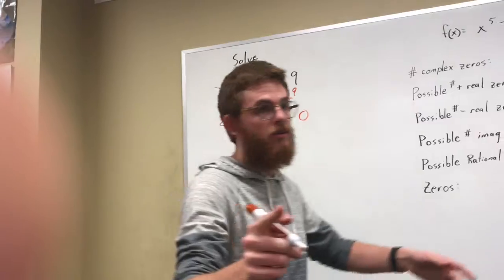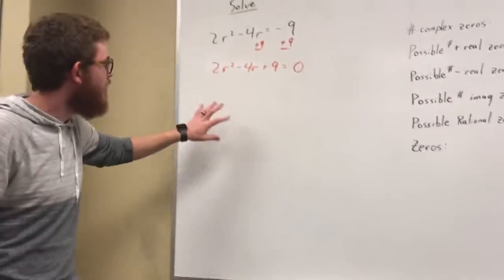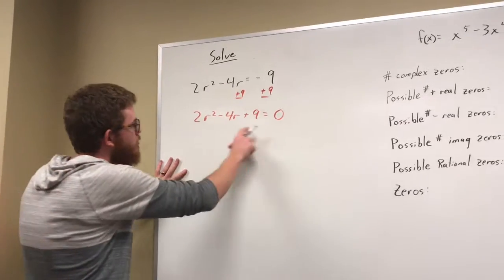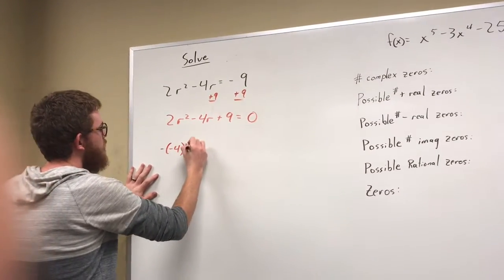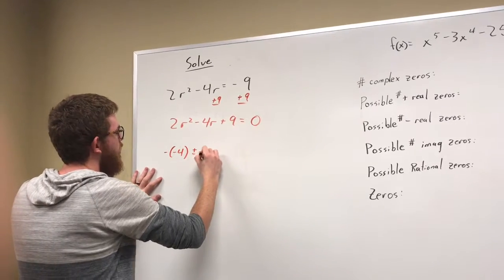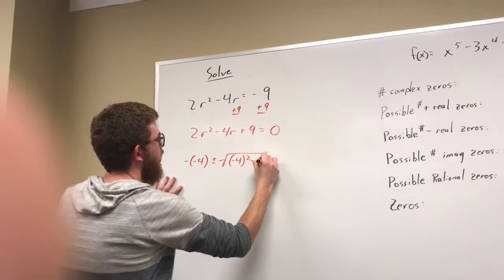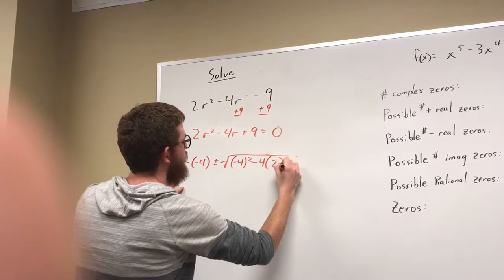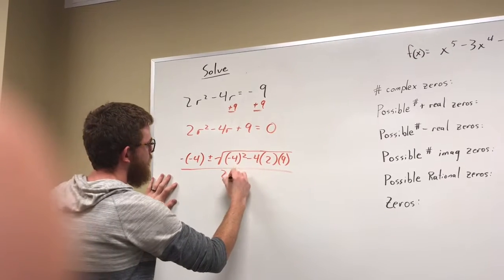Well, quadratic formula, but we all know what that is. You don't need to see that. Now, in order to use the quadratic formula, we choose our a, b, and c, and we know it's -b plus or minus the square root of b squared minus 4ac, all over 2a.